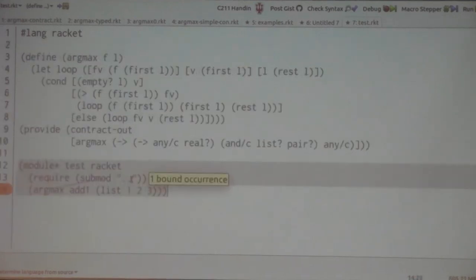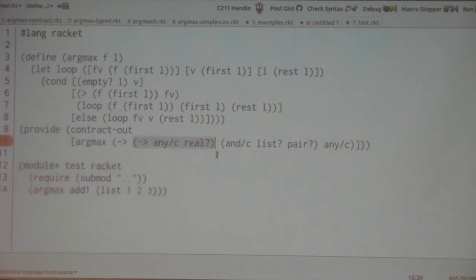So now we've got a contract that looks somewhat like what we had for our type in typed Racket. We've got a specification on the function, which says that it's going to produce real numbers. We've got a specification on the list, which says that it's non-empty, and we can check this.